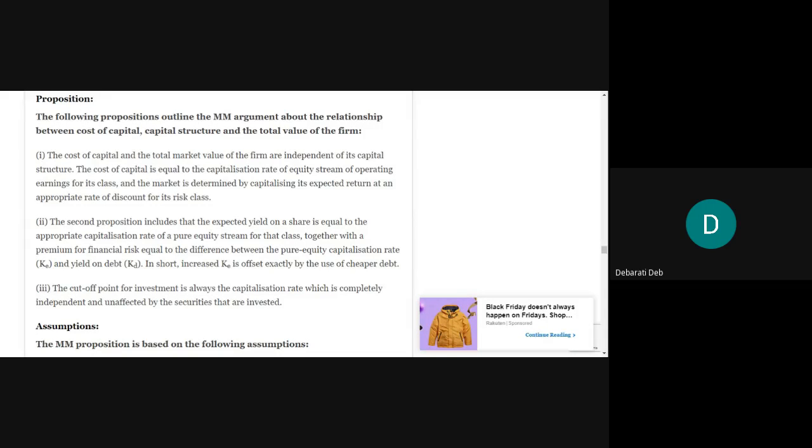So how is this cost of capital calculated? It is considered just equal to the capitalization rate of equity, that means KE, the cost of equity for a particular risk class. And the market value is determined by capitalizing its expected return at an appropriate rate of discount.